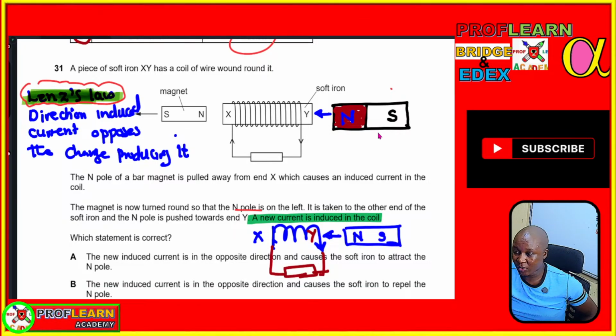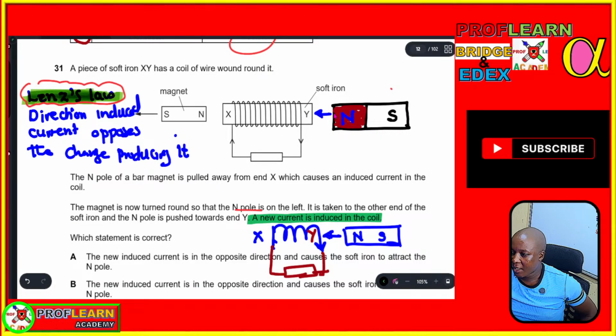So something that you need to remember: if we have a north pole here and there is going to be a current induced, the induced current is going to act in such a way that it opposes the change causing it.